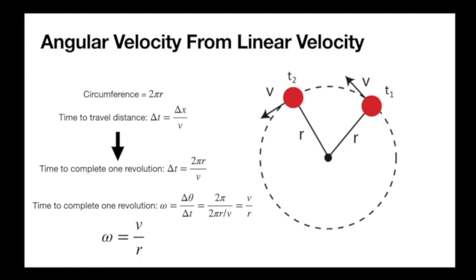We find that for circular motion, our angular velocity is just equal to our linear velocity over r. Great, and you can see the units work out, right? The units of angular velocity are just per second, or radians per second, but radians aren't really a unit. And here we get meters per second over meters. So again, just inverse seconds. Great. So that's for velocity.